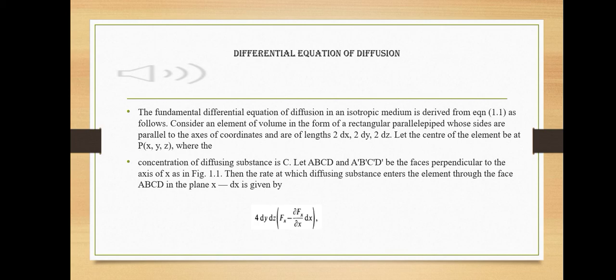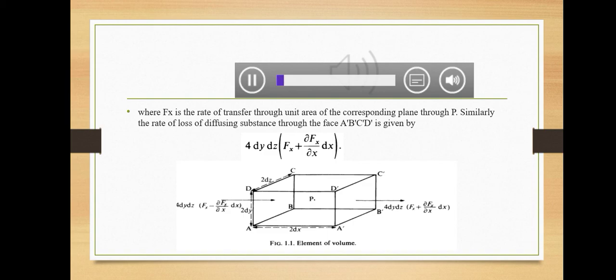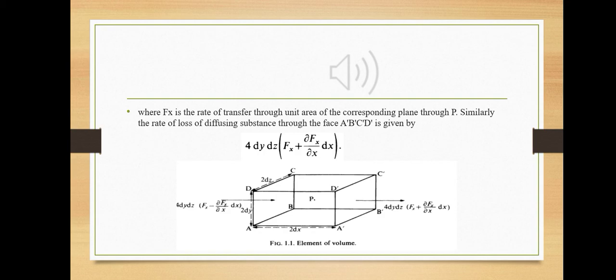Then the rate at which diffusing substance enters the element through the face ABCD in the plane x minus dx is given by 4 dy dz of (Fx minus ∂Fx/∂x dx), where Fx is the rate of transfer through unit area of the corresponding plane through P. Similarly, the rate of loss of diffusing substance through the opposite face is given by 4 dy dz of (Fx plus ∂Fx/∂x dx), as we can see in the figure clearly.